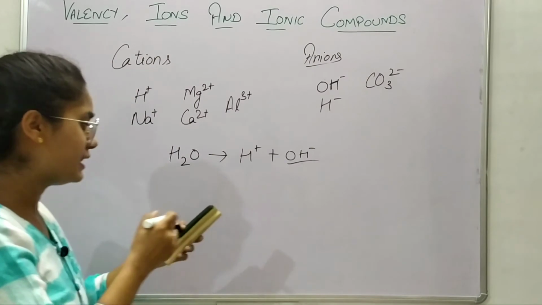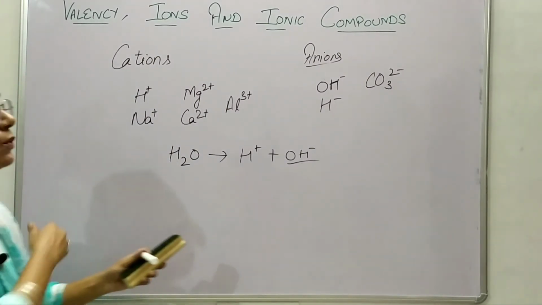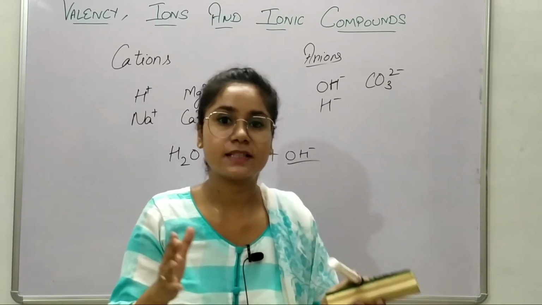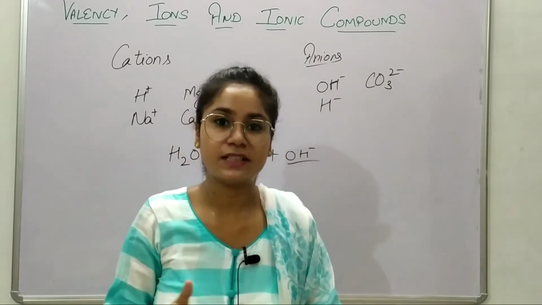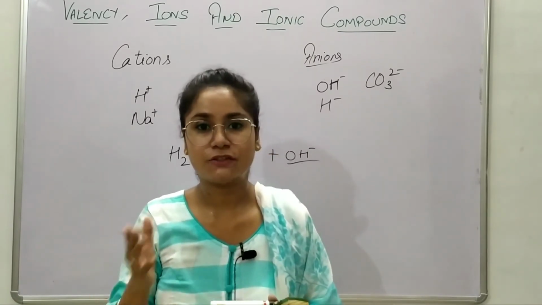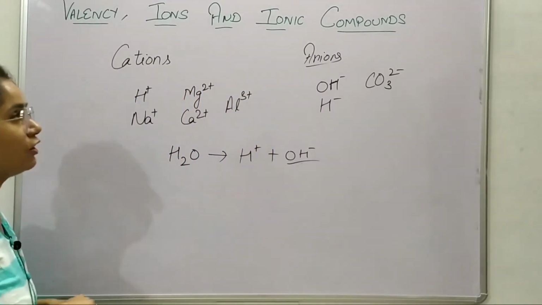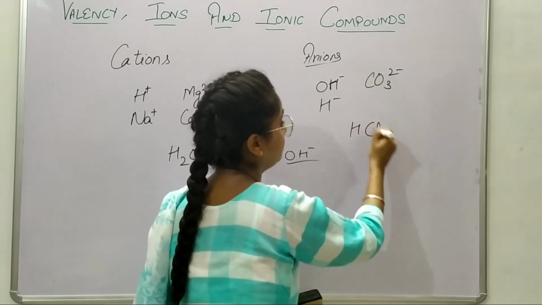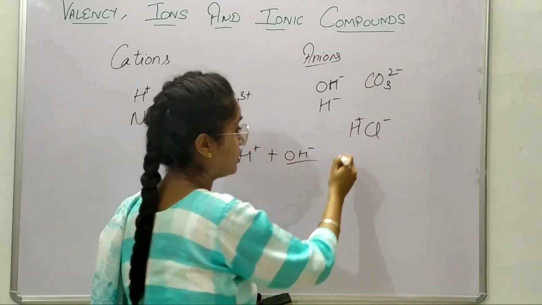Well, further you can take various examples of it. You may take a look in your book at the different tables or charts which would be mentioned in your book. You can take the example of ionic compounds like HCl, H2SO4.